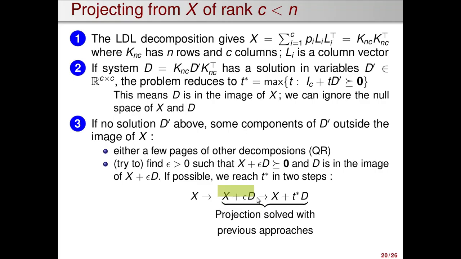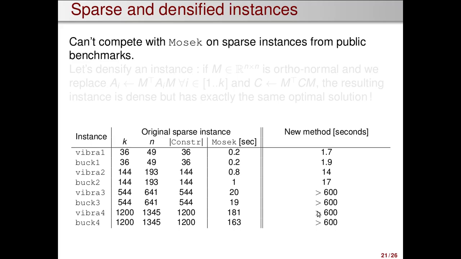So I can solve this second step using the previous approaches. It may not work always. There are many details behind it, because there are many particular cases that need to be addressed, and it's a bit more complex than that. In some cases it can be very difficult. I need one page or two. I cannot present them in one slide.